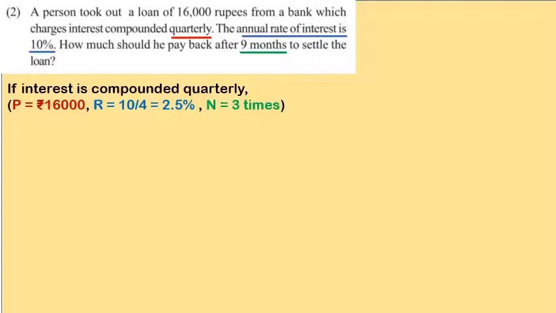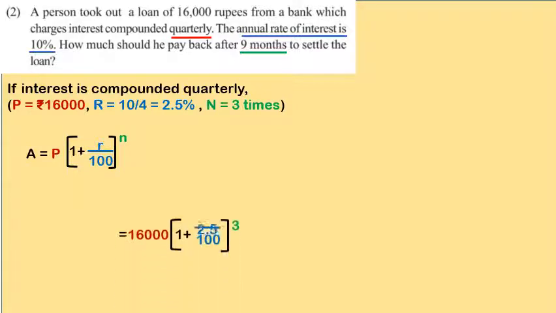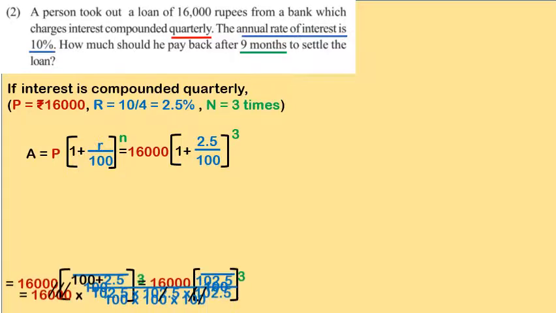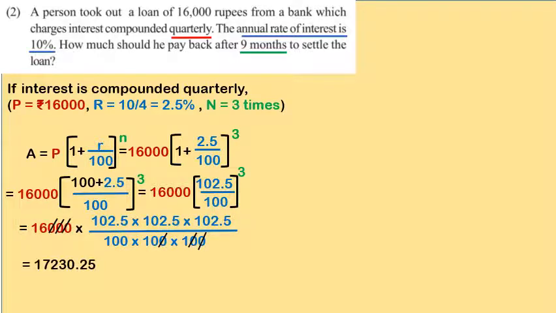Then write the formula A equal to P into 1 plus R by 100 all raised to n. Substitute, we get 16,000 into 1 plus 2.5 divided by 100 all raised to 3. Then simplify, we will get amount A equal to 17,230.25.